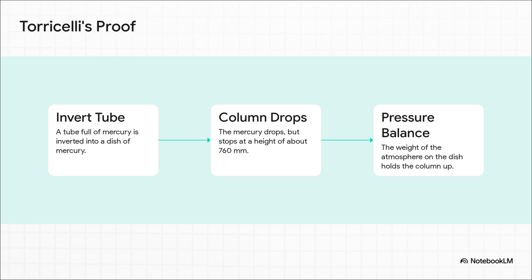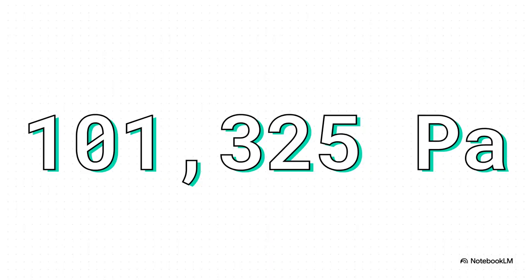It was the invisible weight of the atmosphere, pressing down on the mercury in the dish, perfectly balancing the weight of the column in the tube. He had just invented the barometer. And he measured it. On average, at sea level, this atmospheric pressure is a whopping 101,325 pascals. Now that's just a number, but trust me, it's a huge amount of pressure that this ocean of air is constantly pushing on us with.